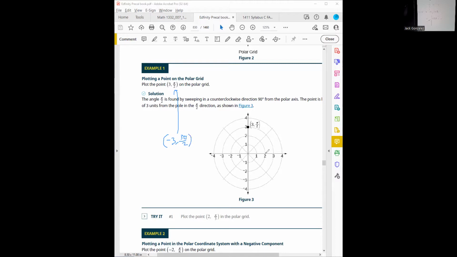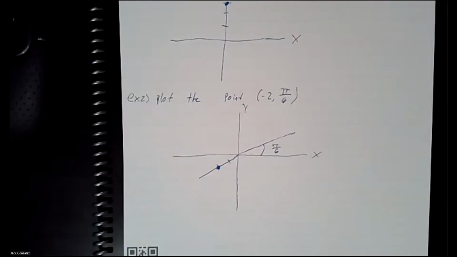So I can come down here, then go back 1, 2, 3, and still land at the same spot. So these 2 points would be the same location. But anyway, let's move on to something else. So that's how you graph negative angles and positive angles.